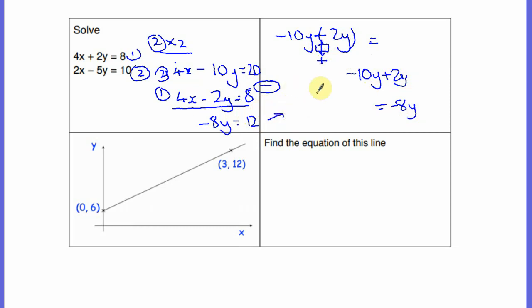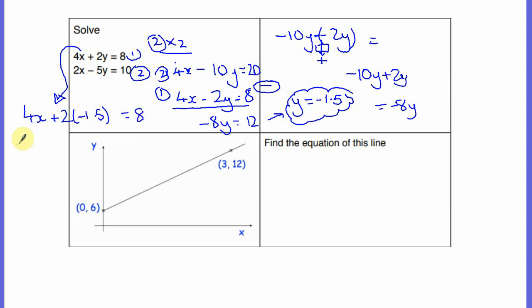So from here, we're going to divide by minus 8. So y would equal minus 1.5. We then take that and just substitute it into any of the equations we have. I'll just pick the easiest one. I think equation 1 will be my easiest one to substitute this into. So 4x plus 2 lots of negative 1.5 equals 8.